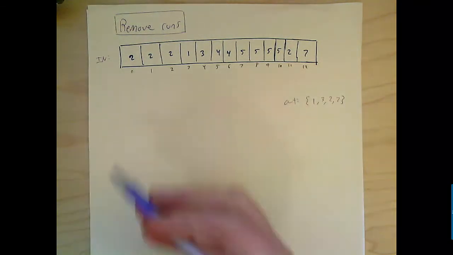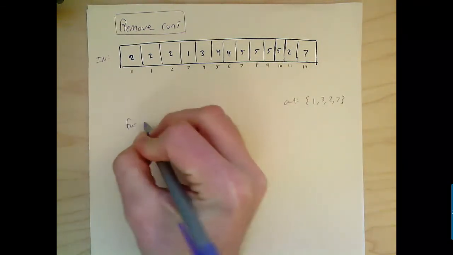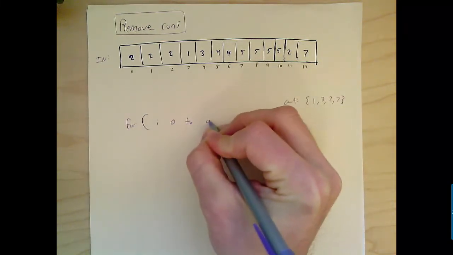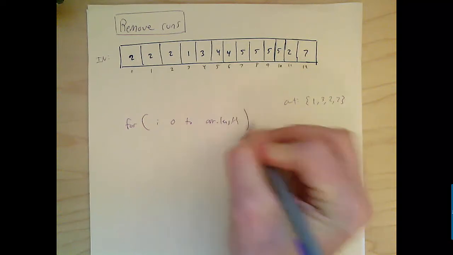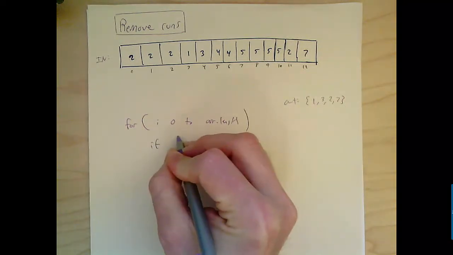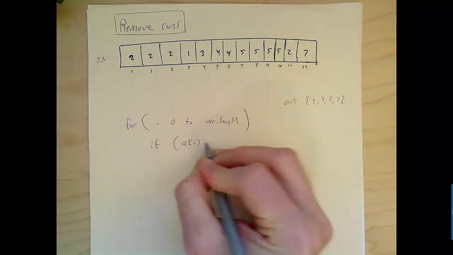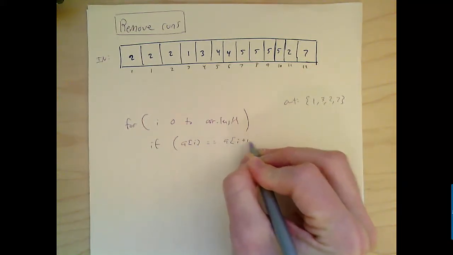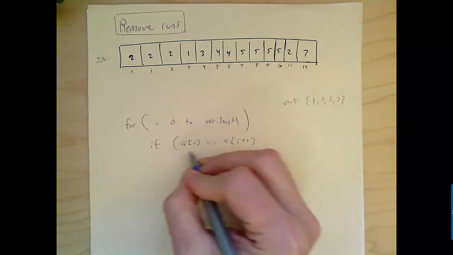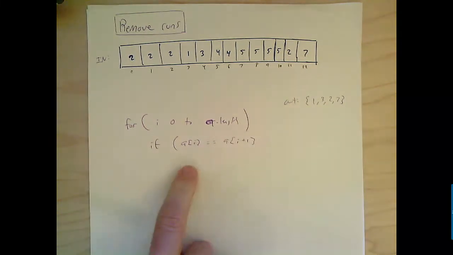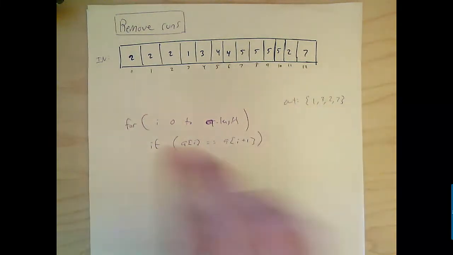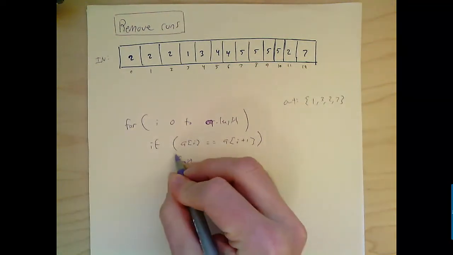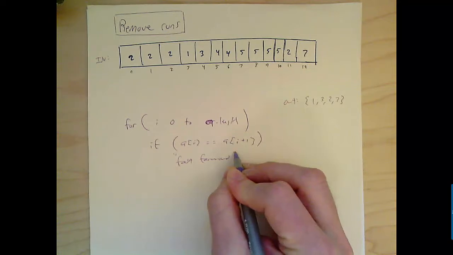So let's start trying to get this into some kind of pseudocode. I want to loop from 0 to the end of the list. And I'll say if the 2 adjacent elements are the same, so if A[i] equals A[i+1], okay, so we'll call the array A. If 2 adjacent elements are the same, then I want to fast forward.